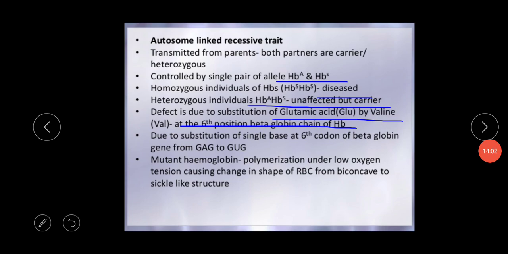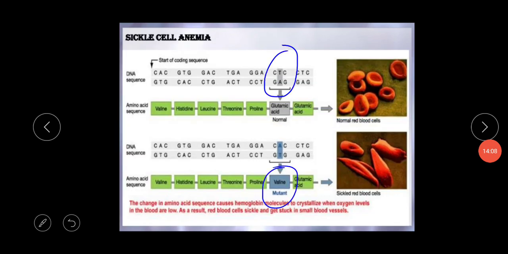This defect is due to the substitution of glutamic acid by valine at the 6th position. Just count 1, 2, 3, 4, 5, 6. This is the basic thing of sickle cell anemia.